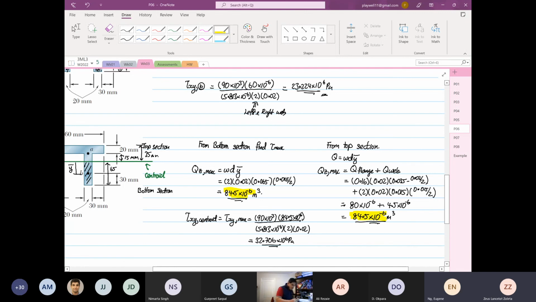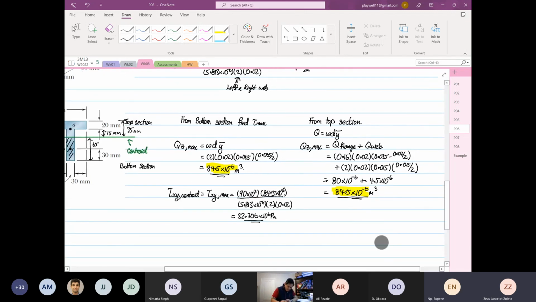Then you tell me, Eugene, can you plug in the formula on the top? So tau xy max is the same. It is equal to V, which is still the same, times 84.5, the first moment of area, which is still constant, divided by IZZ.